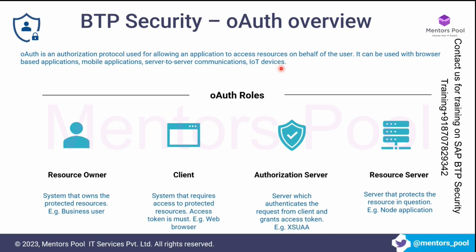In case you are building an application using IoT devices, where you have lots of IoT devices deployed on the client side, and you want to get data from them, and you want those IoT devices to communicate with your BTP application, the server, then you will need OAuth to come into play.